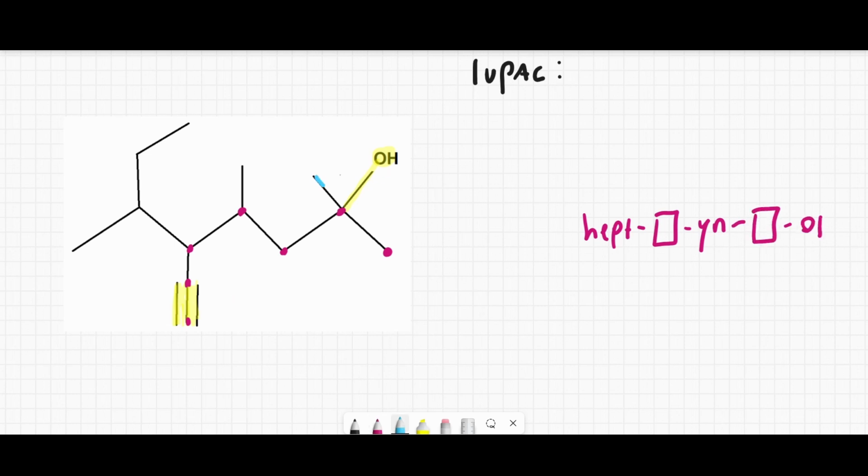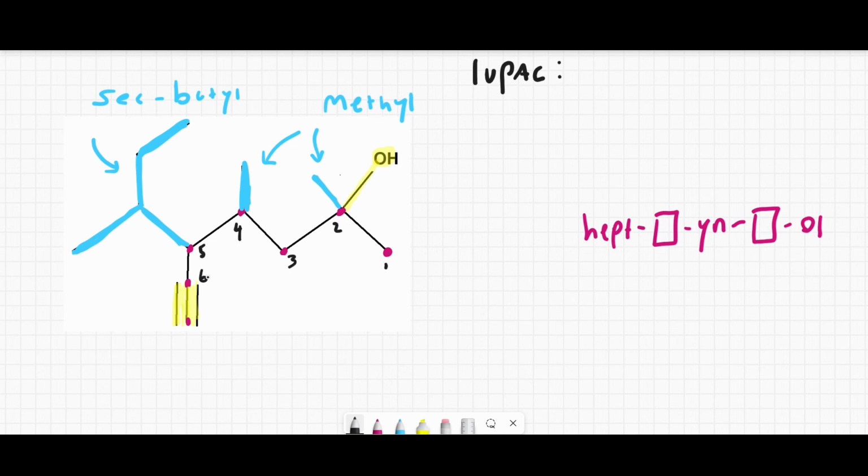So first, let's highlight those substituents again. We've got a sec-butyl, or 4-carbon chain connected on a secondary carbon, a methyl, and another methyl. Then to number it, we just have to number closer to our highest priority, which is the alcohol here. This gives us 5-sec-butyl, and then we've got 2 methyls over here.